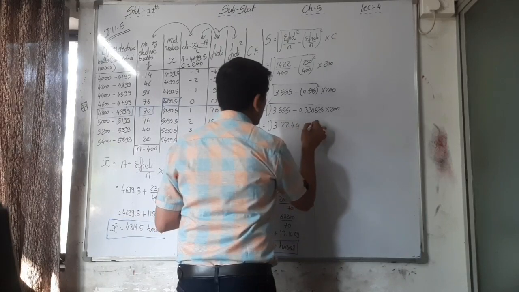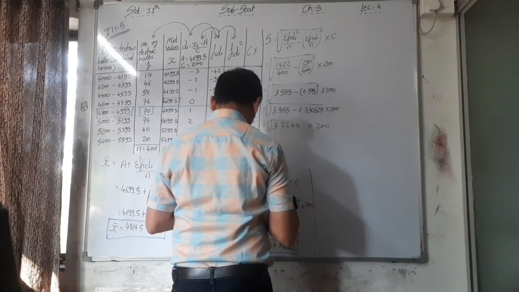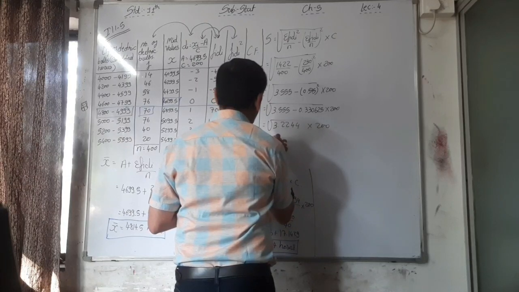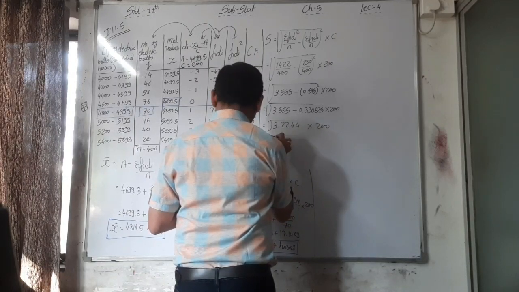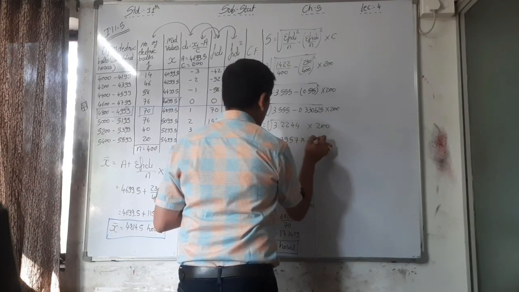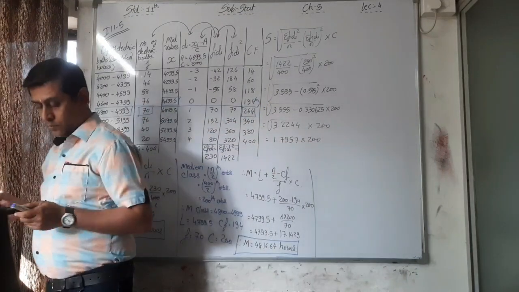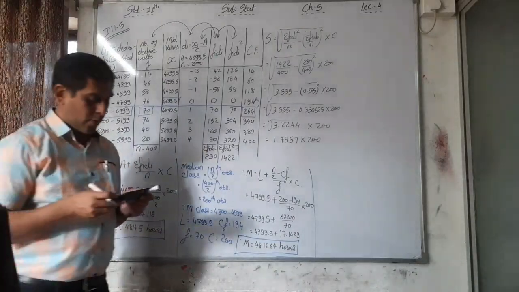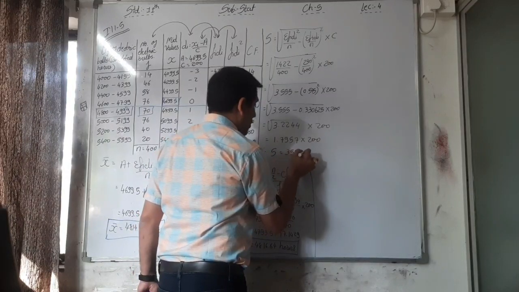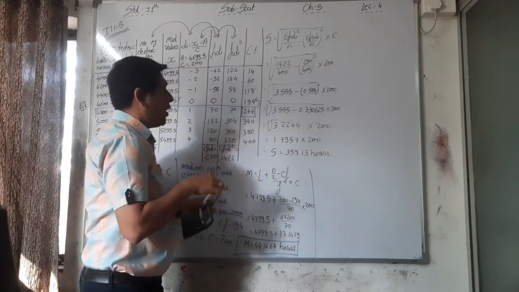That is 3.2244 into 200, square root, so you can say therefore S is equal to 1.7957 into 200, so 359.13. S is equal to 359.13 hours. This is the value of S.